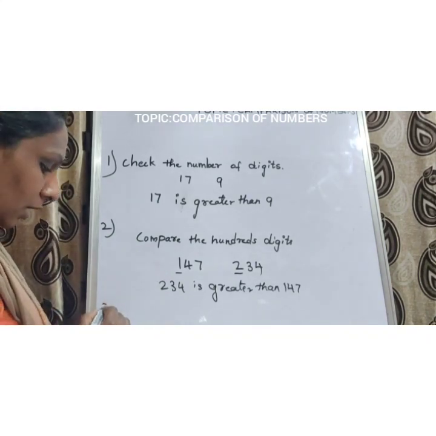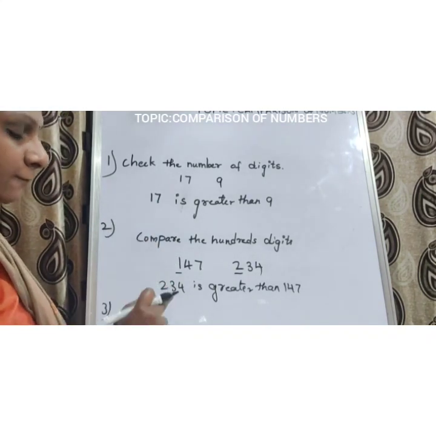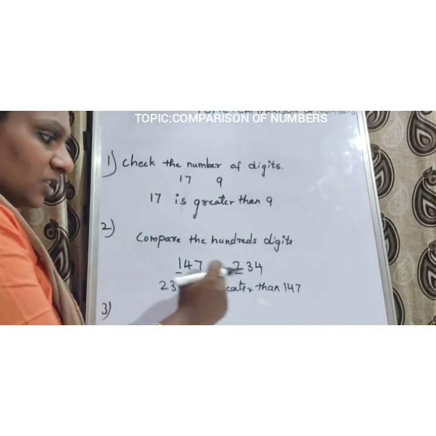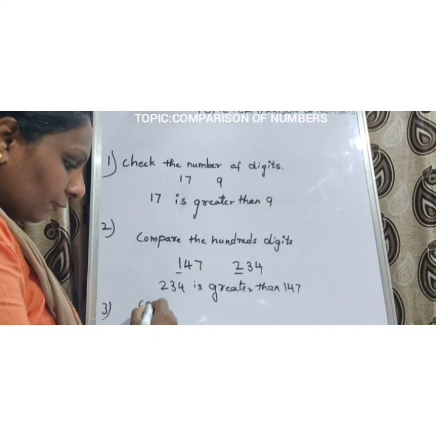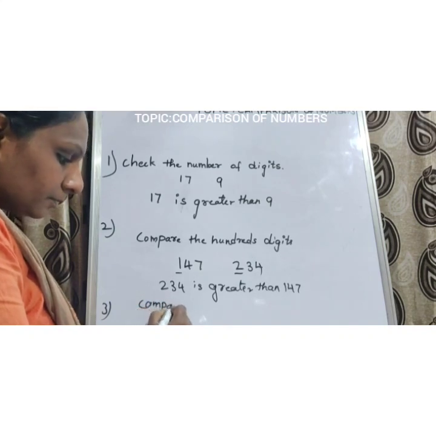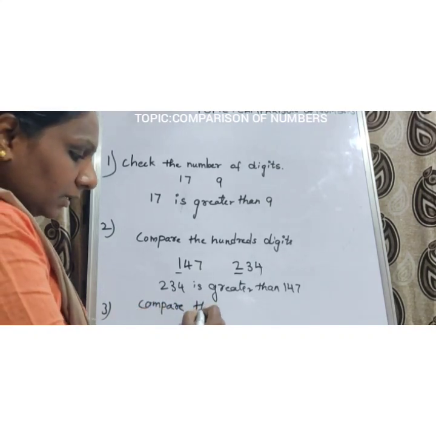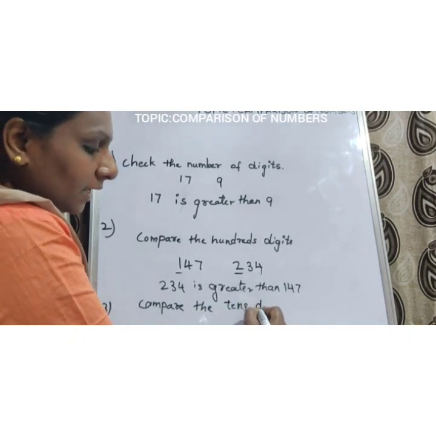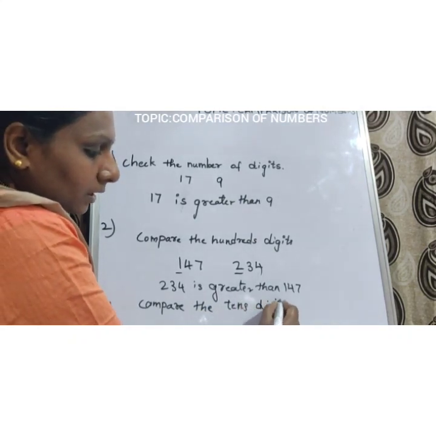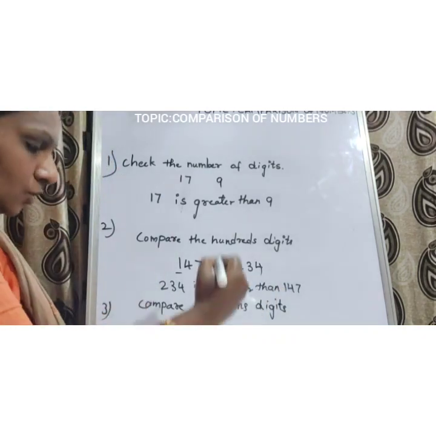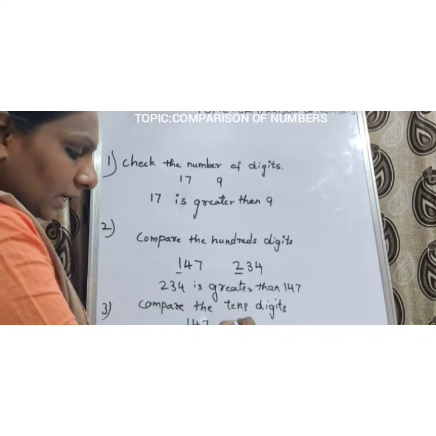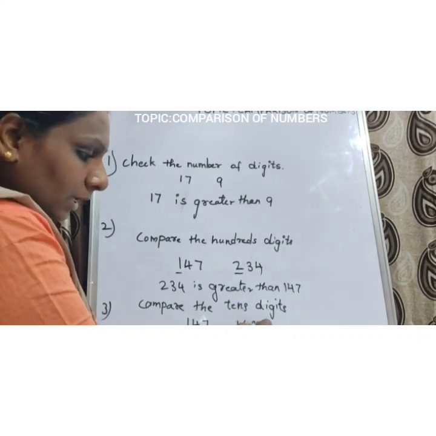Third step: if the first digit is the same, then you have to compare the tens digit, that is the second digit. I am going to take 147 and 168.